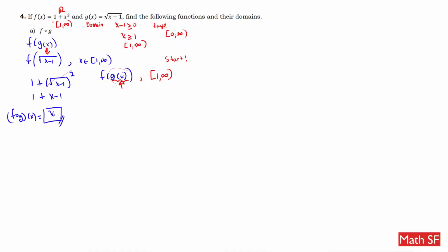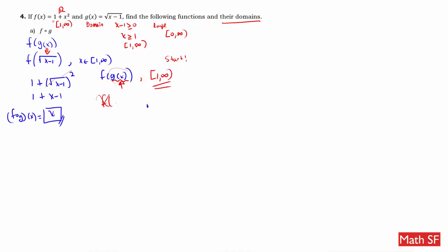After that, the range of g of x is from 0 to infinity, so we're fine there. Wait a minute, we don't need the range anymore, because the outcome will be fine. You just need the domain, because they're asking for the domain.